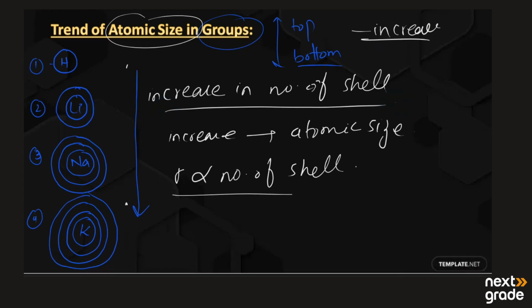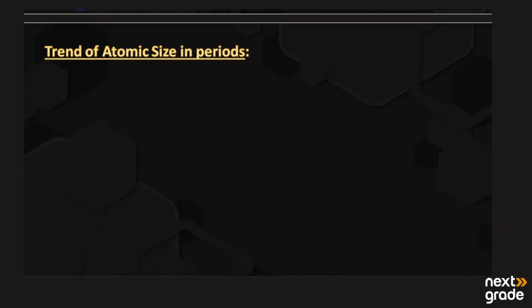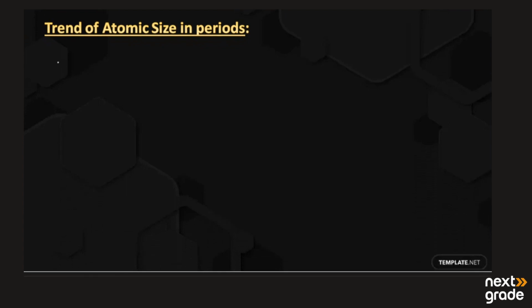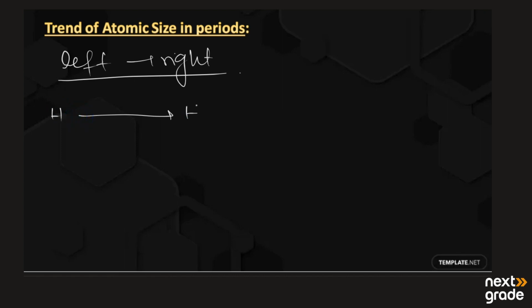And next, we have the trend of atomic size in the periods. When we move from left to right, we are talking about the periods. In the first period we have hydrogen to helium.